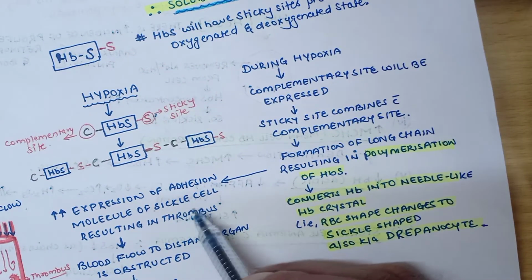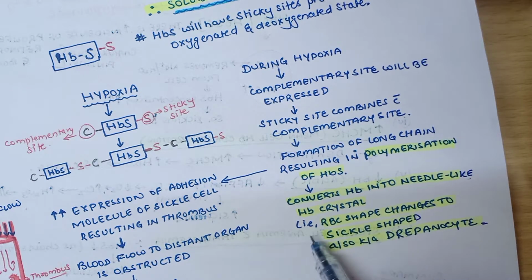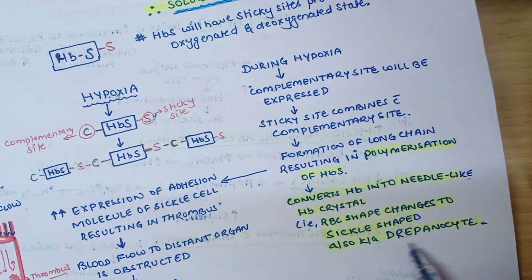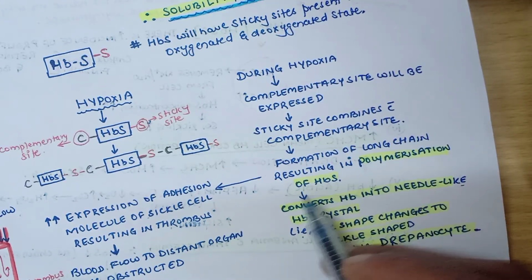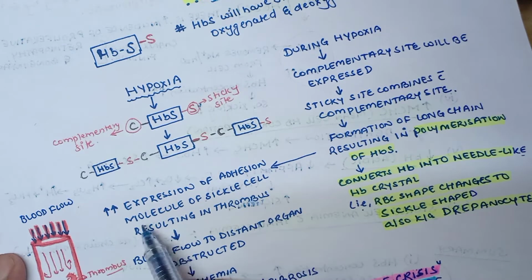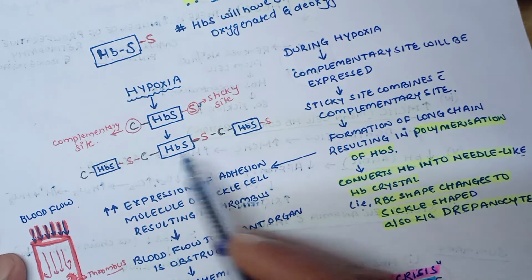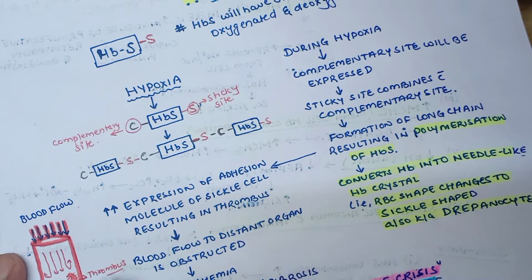Now this will convert hemoglobin into needle-like hemoglobin crystals, that is, the RBC will change to sickle shaped, also known as drepanocyte. This polymerization of HbS will also cause increased expression of adhesion molecules on the sickle cell, resulting in thrombus formation.